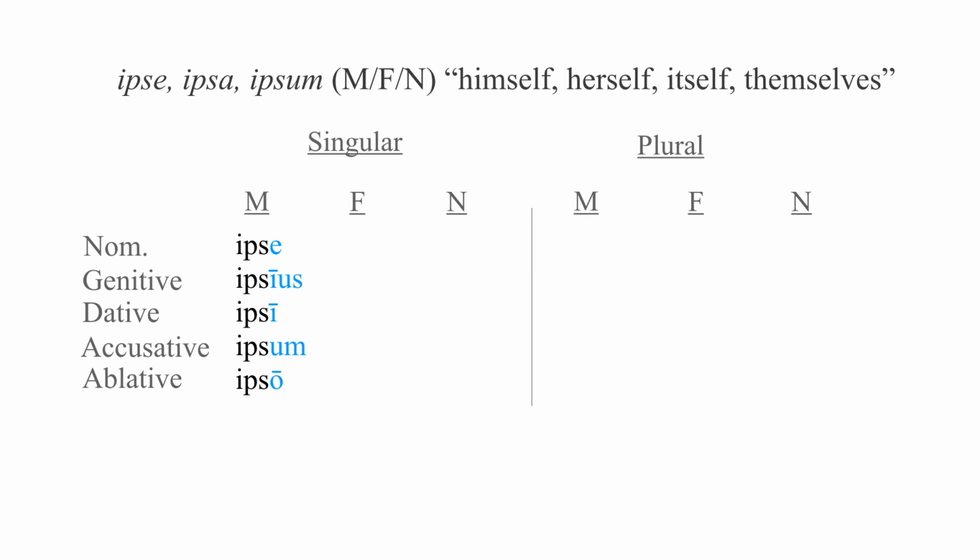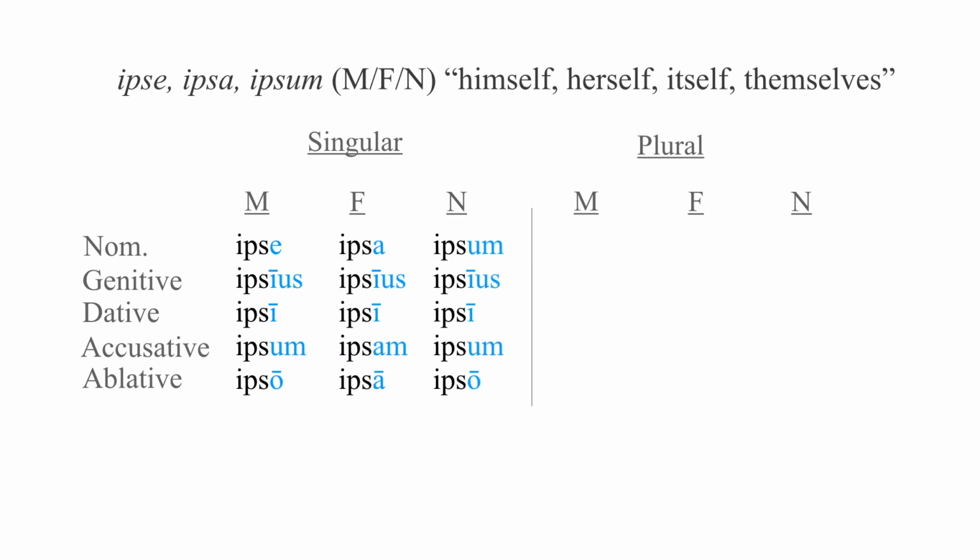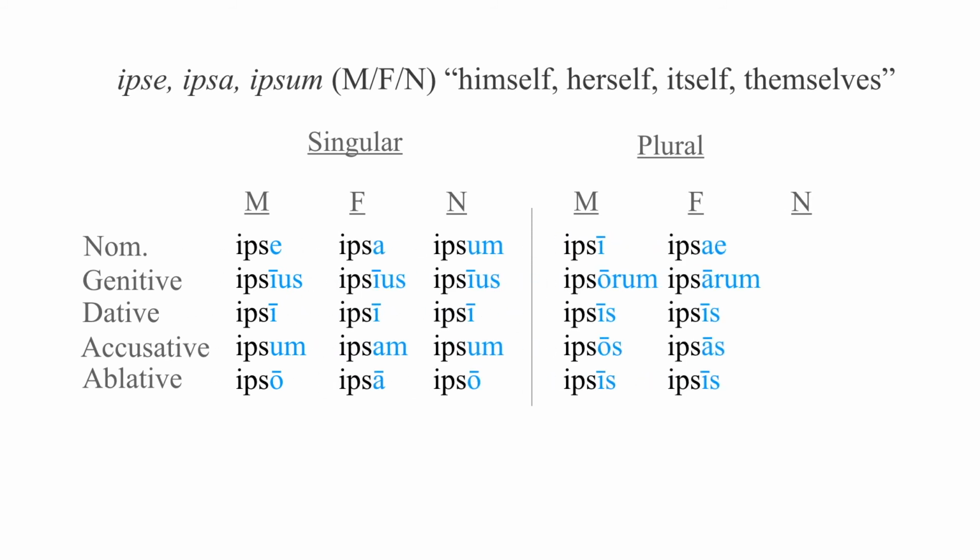And finally, we come to the emphatic pronoun of the third person, ipse, ipsa, ipsum, meaning himself, herself, or itself, and in the plural, themselves. So let's take a look at those forms, starting with the nominative singular of the masculine, ipse, the feminine ipsa, the neuter ipsum.